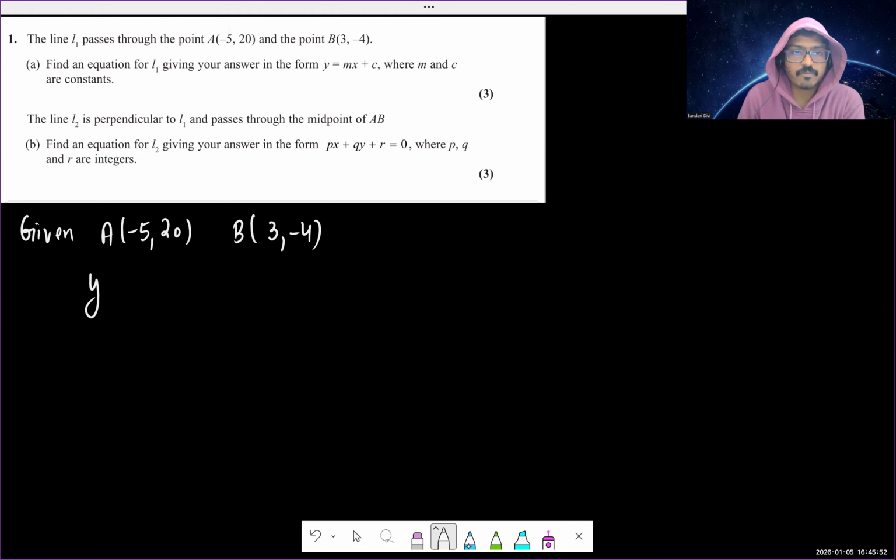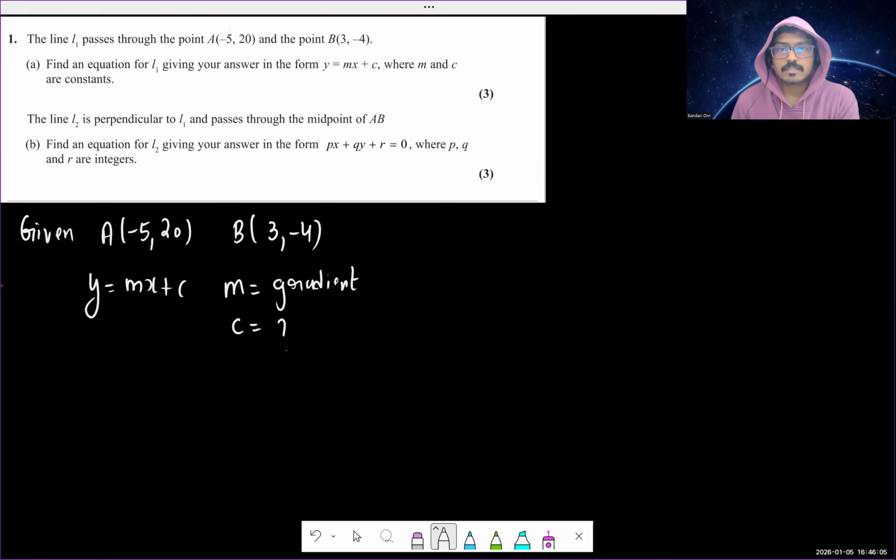We have to find the equation y = mx + c. So here we have to find the value of m, which is the gradient, and also the constant c, which is the y-intercept.